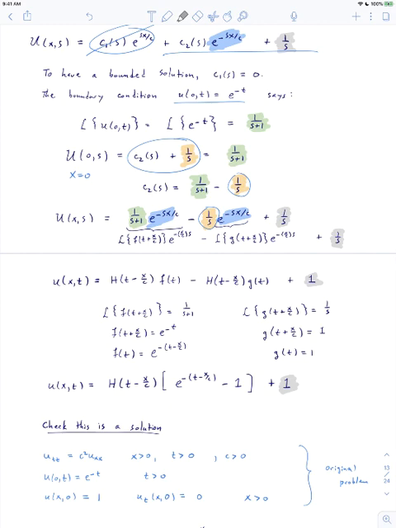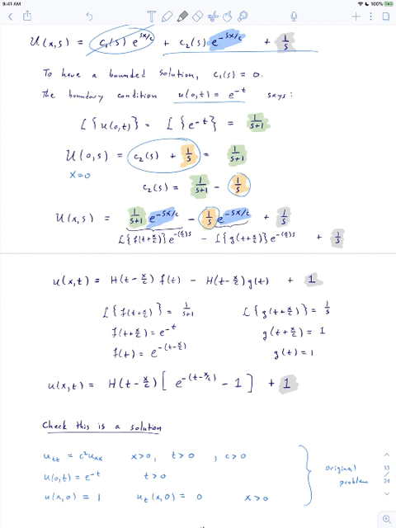Notice it is defined in terms of a Heaviside function. So that gives us a change in the nature of the solution, and that happens exactly when t is equal to x over c, or x is equal to tc. So again, the nature of the solution changes when you get to the characteristic curve.